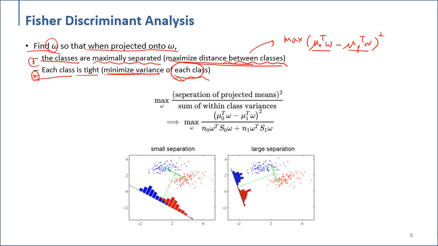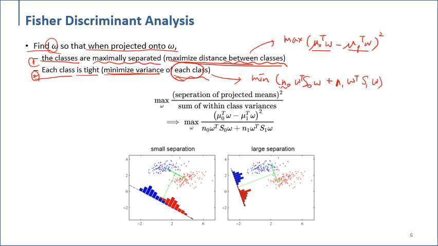and this can be calculated by minimizing the variance of each class. So here, minimize n0 omega transpose S0 omega plus n1 omega transpose S1 omega.